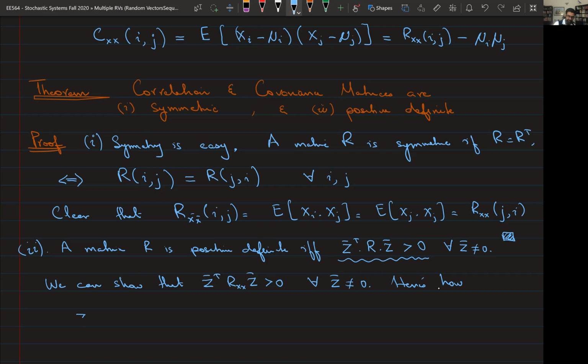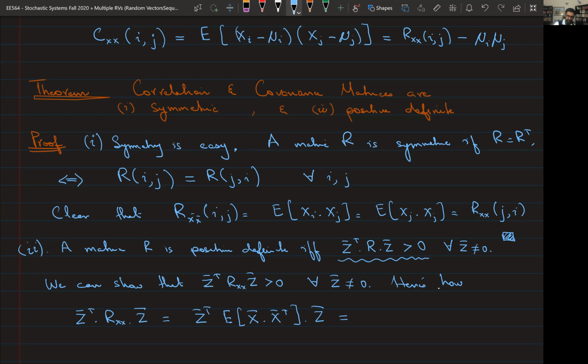So let's do this. Z transpose times Rxx times Z. What is this equal to? This is Z transpose times the expected value of X times X transpose times Z, right?